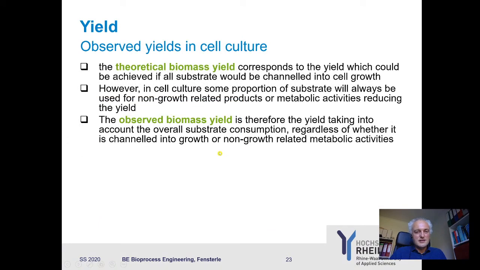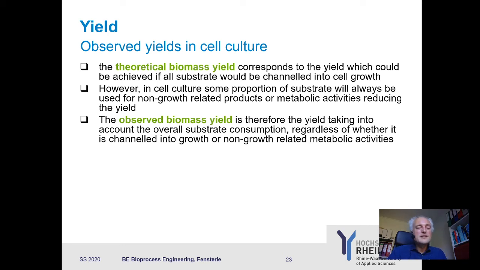Observed yields in cell culture. So the theoretical biomass yield corresponds to the yield which would be achieved if we channel everything into cell growth. This is the maximal thermodynamically possible yield. You remember we have done calculations in our mass balance section using electron balances where we calculated the theoretical yield.